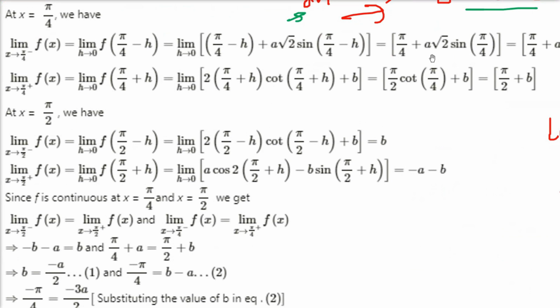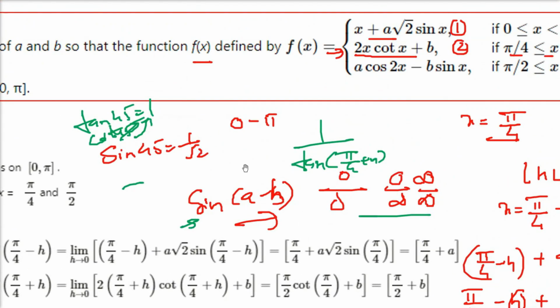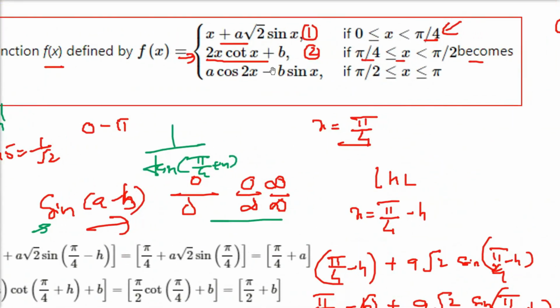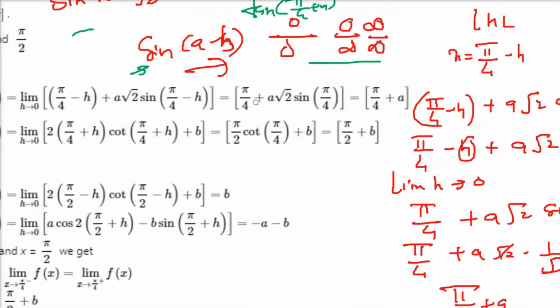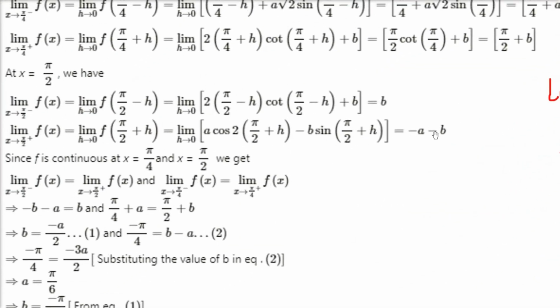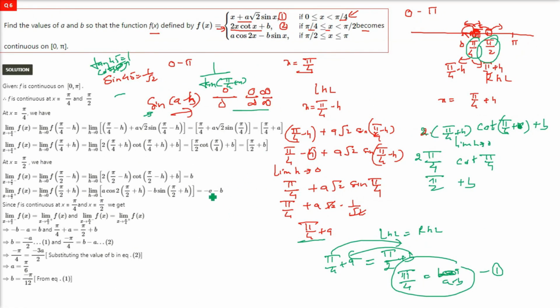For pi by 2 plus h, you have to use the third function. Okay. So when you put pi by 2 minus h in the 2x cot x plus b, you will get the value as b. Please recheck it. And in the third function, you are going to put pi by 2 plus h, which will give you minus a minus b.